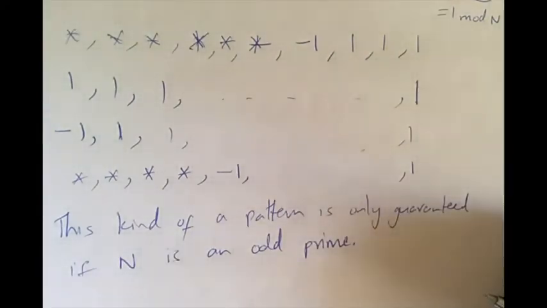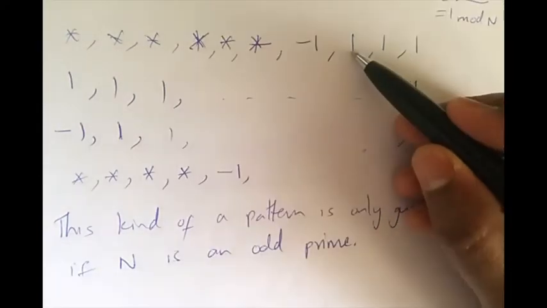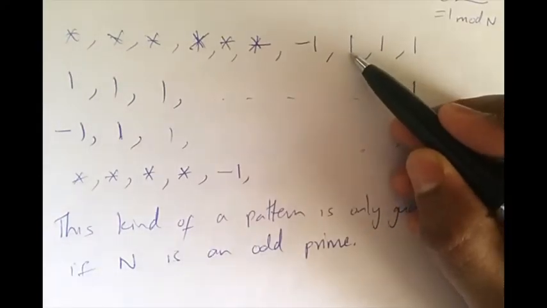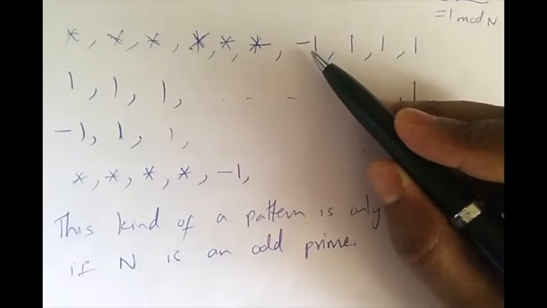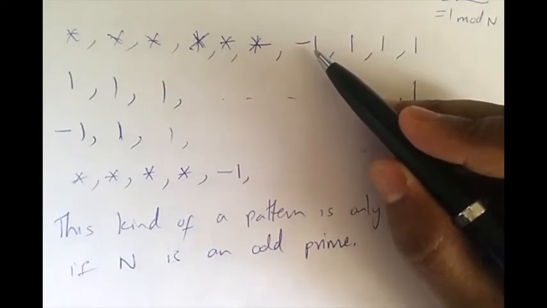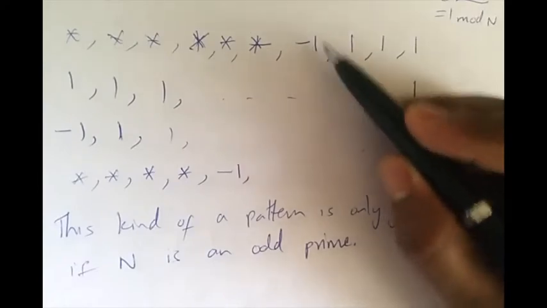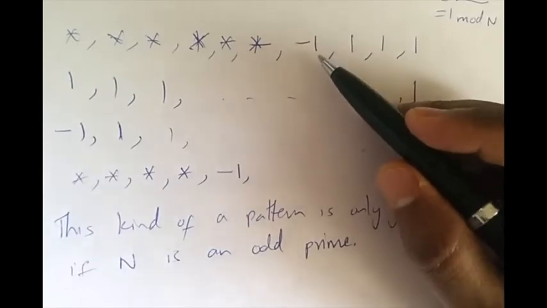So what kind of deviation can happen? Suppose the element before a 1, the square root of 1, turns out to be not equal to 1 or minus 1. Say n is a large prime and this turns out to be 5, which is not n minus 1.